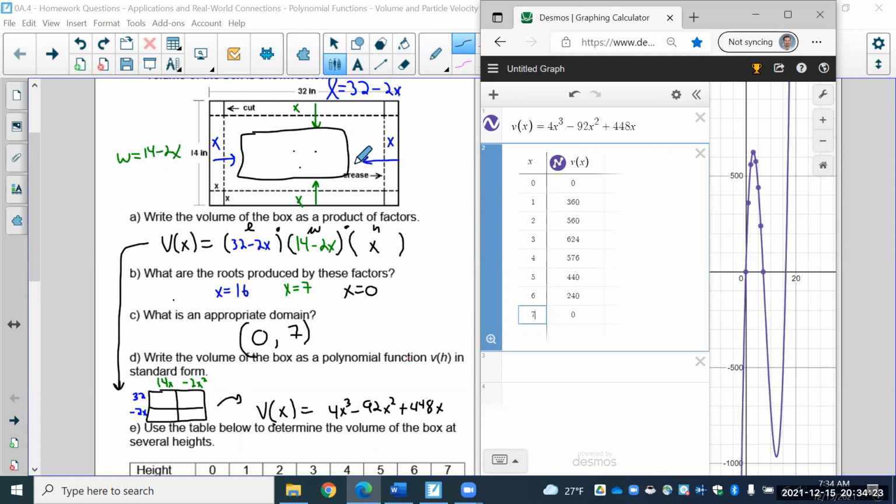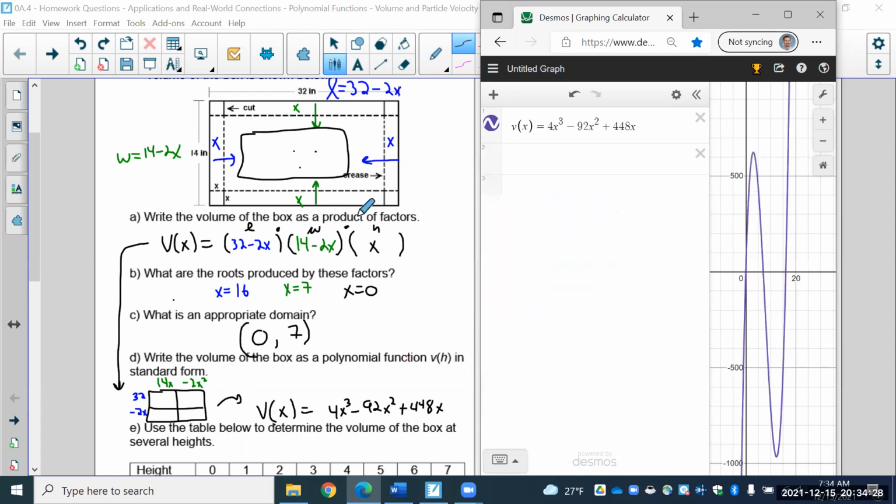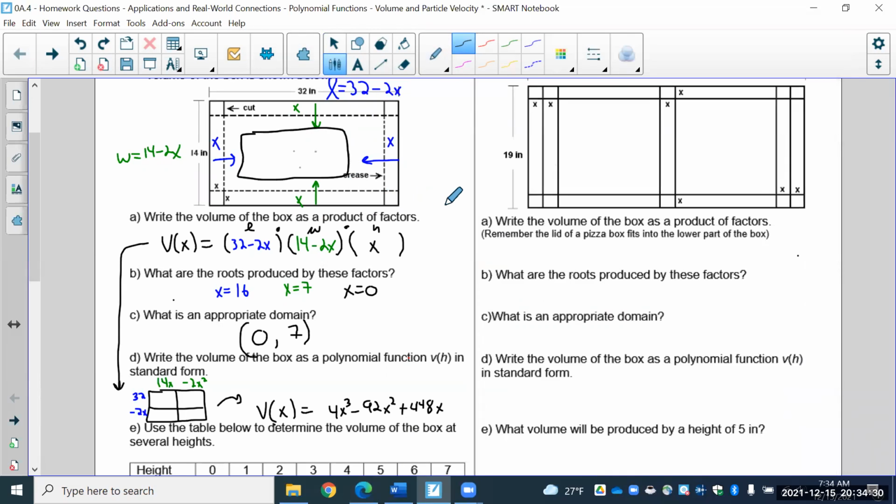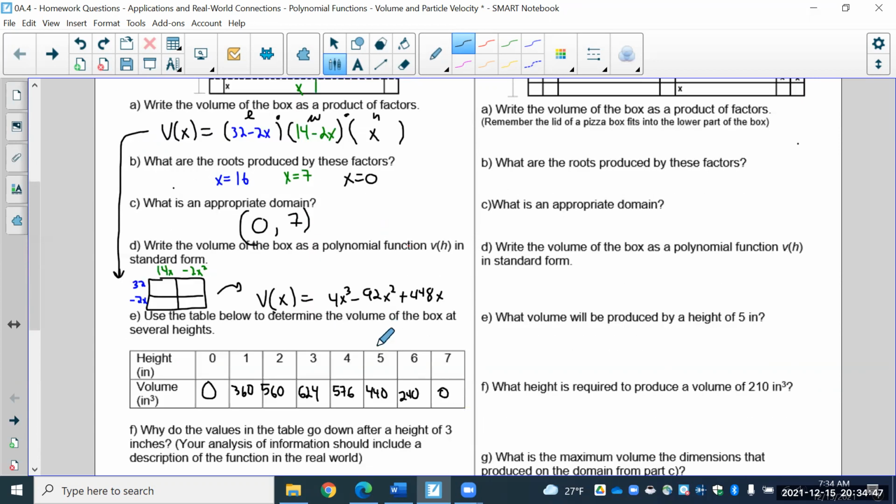So the reason that increasing the height decreases the volume eventually is the area in the middle is so small, it's like this big, and we have a very tall box now. The height's real big, the volume's small, because the volume is actually dependent upon the base area. Just an important thing to understand, that volume is really area times height.